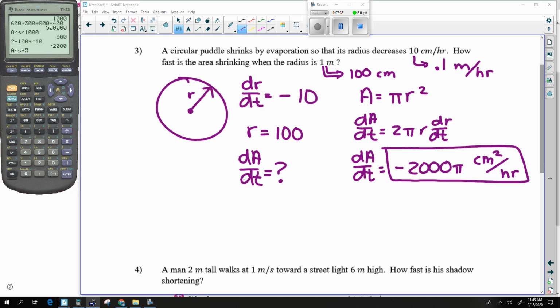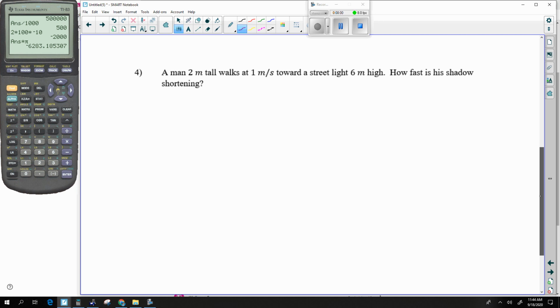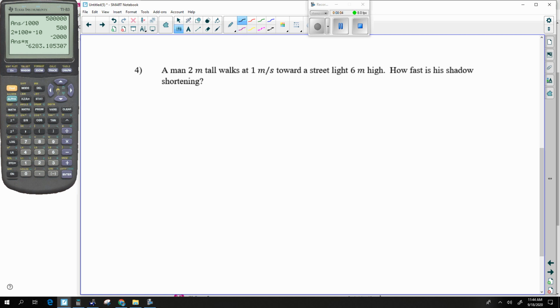Just for argument's sake, I'm going to multiply in that pi, and that is negative 6,283.1853. In case you needed a decimal answer for some reason. I know I probably did this weirdly in a different video, but I'm better now, I swear.